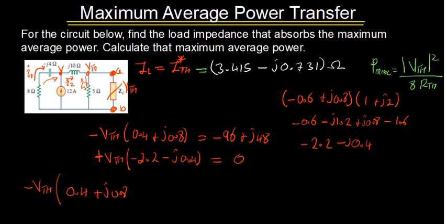Then since this is a minus, for me to have a positive V Thevenin, that is supposed to be plus 2.2 plus j0.8, equals minus 96 plus j48 there. So we just have to make sure we do the right thing at this point, because that's going to affect our answer.